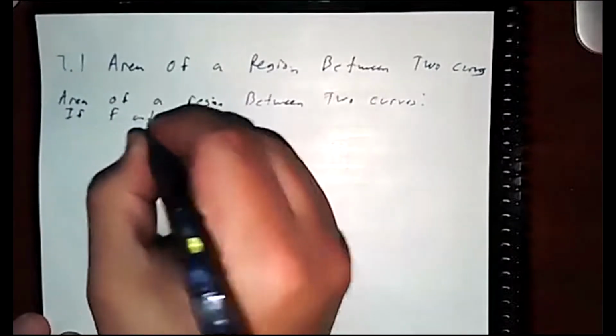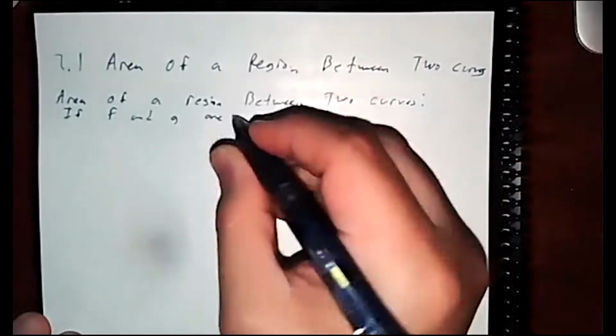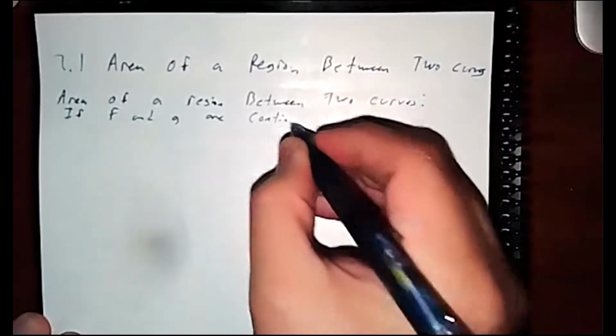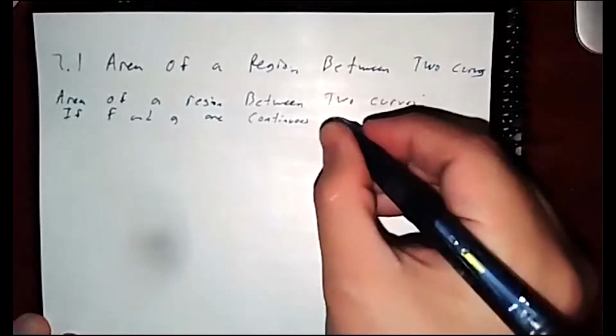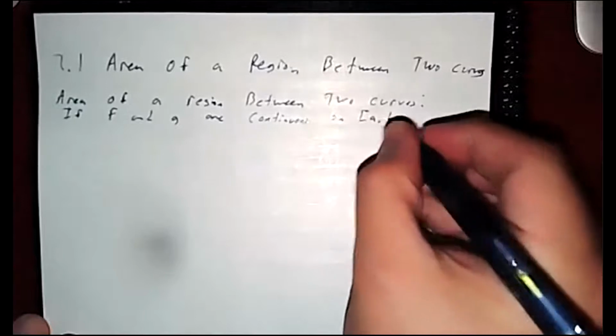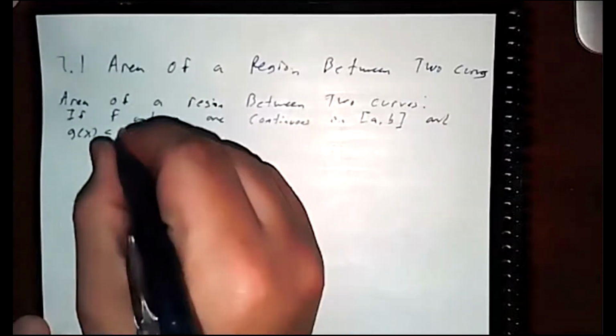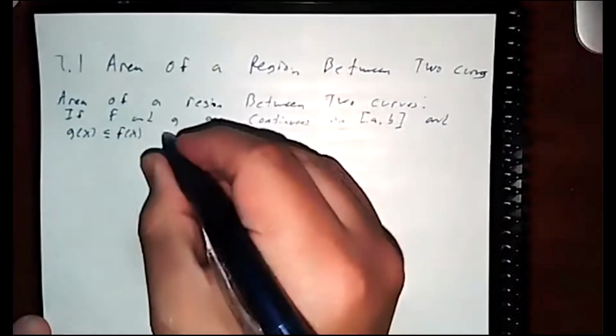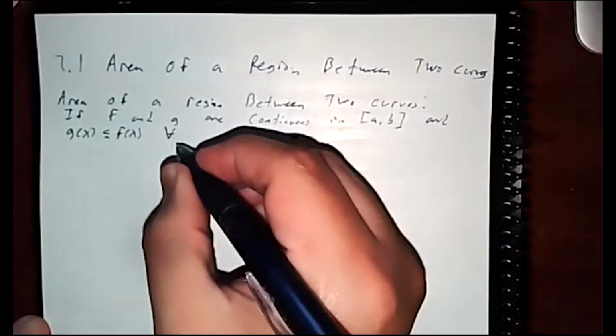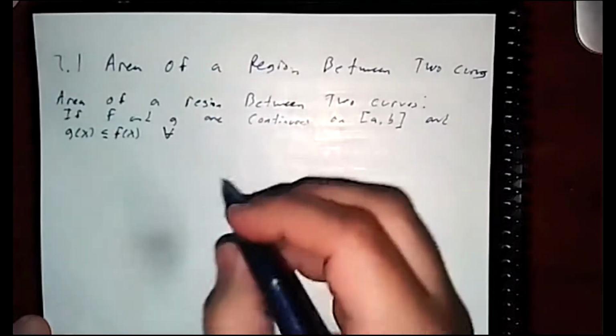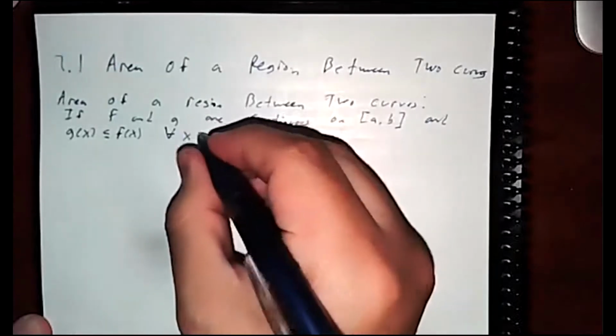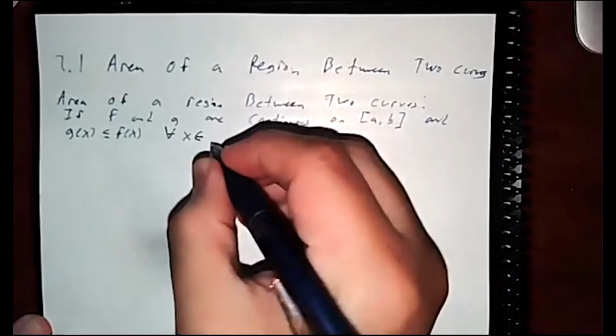So if f and g are continuous on [a, b], and g of x is less than or equal to f of x for all, let me use this symbol here if that's cool, this upside down A means for all x, and this epsilon means in or element of [a, b].